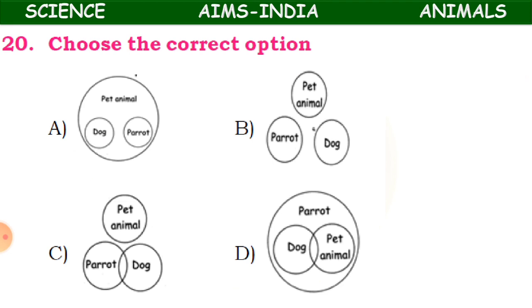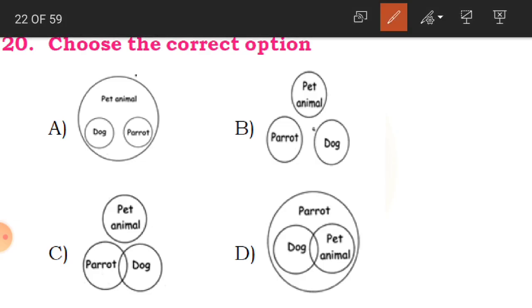Now choose the correct option. As I have explained about the Venn diagram, children, carefully observe this and mark the correct option. In the big circle we have a pet animal, and we are stating that dog and parrot are in this pet animal. In another option there are three different circles which are not connected to each other: pet animal, parrot and dog.